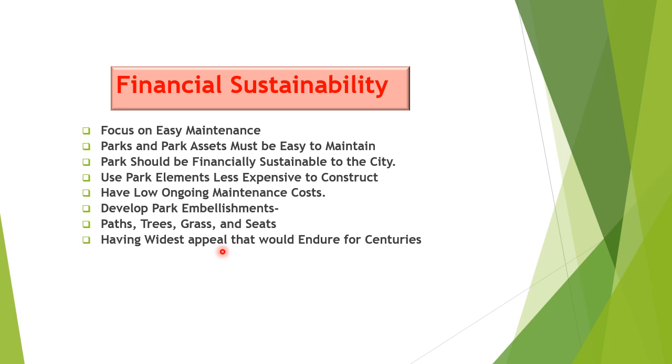So the important aspect of urban parks, especially those in towns, is financial sustainability. That's why you see in Kashmir, most of the parks have been taken over by the J&K Bank. They are managing them, and for that they have kept a reasonable entry fee, and they are providing all the facilities there. Financial sustainability is very important.